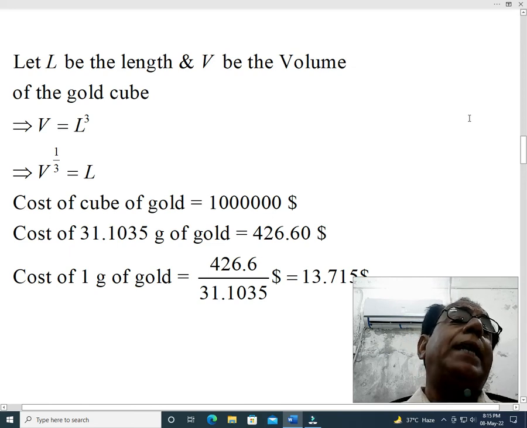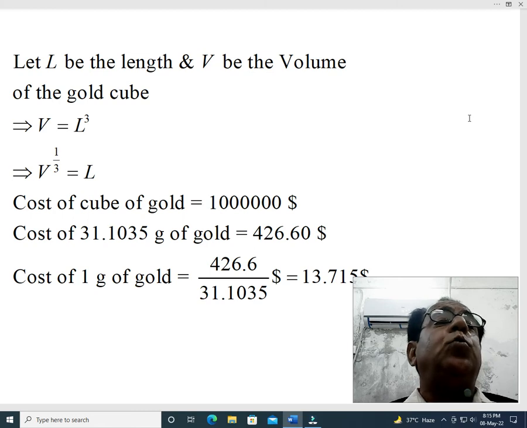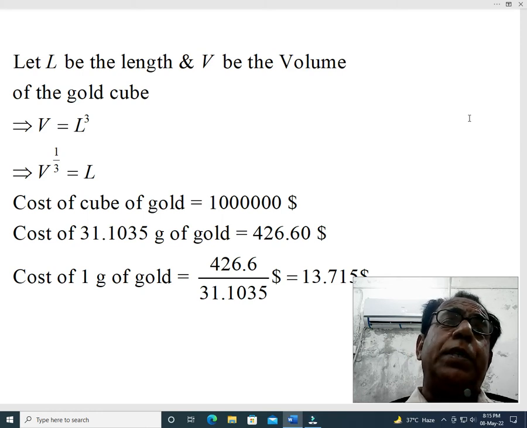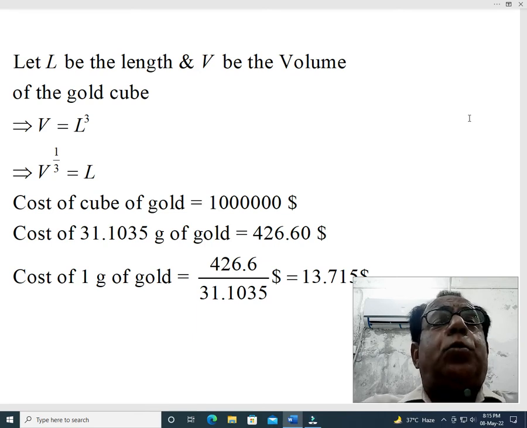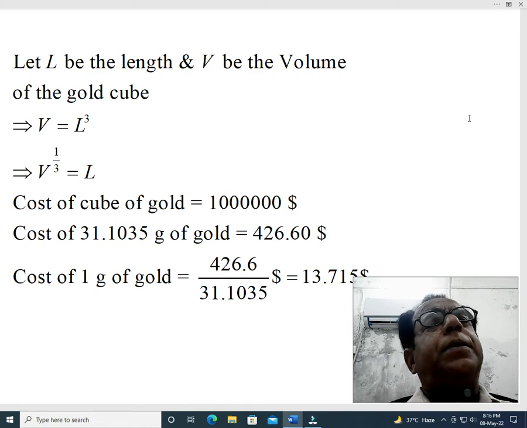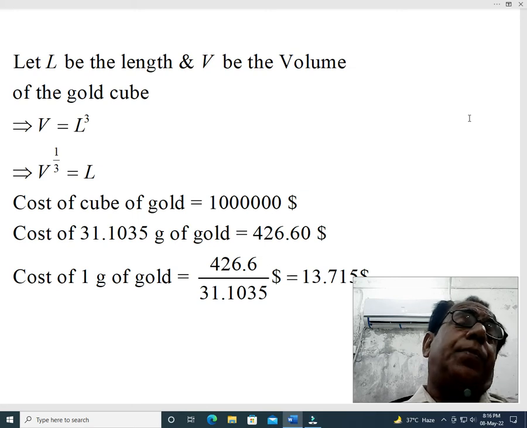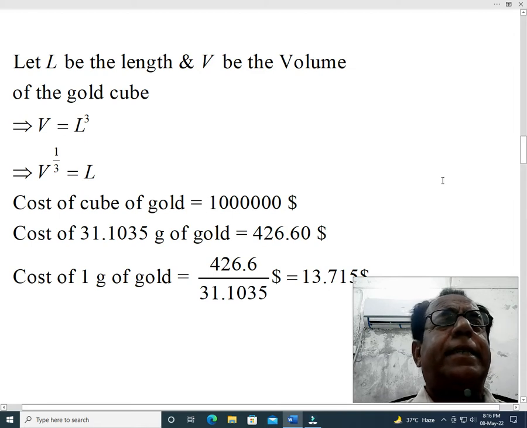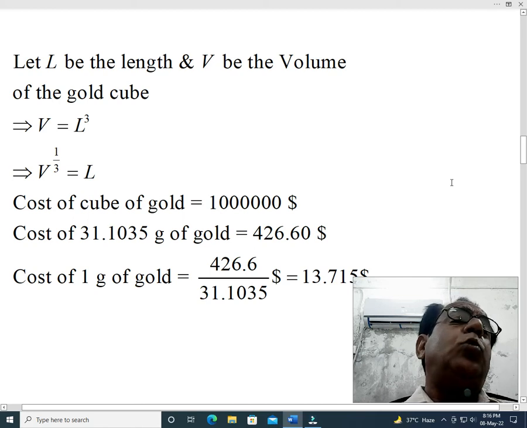Then volume is equal to L cube, because volume is equal to length into width into height, and in the case of a gold cube, length, width and height are all equal. We could also denote it by W cube, but why do this unnecessary step? Volume is equal to L cube.